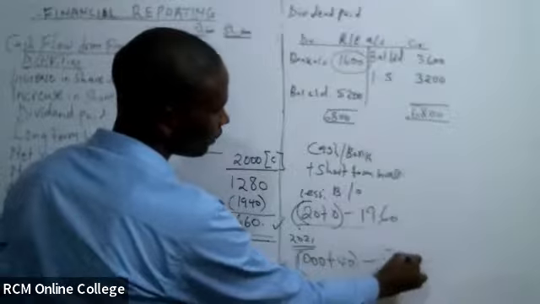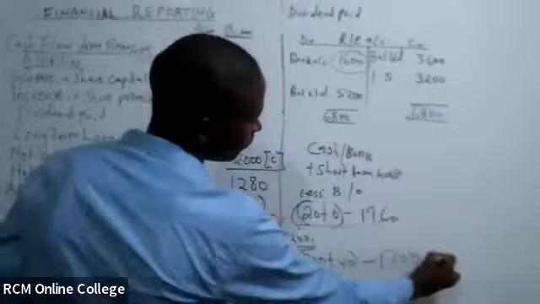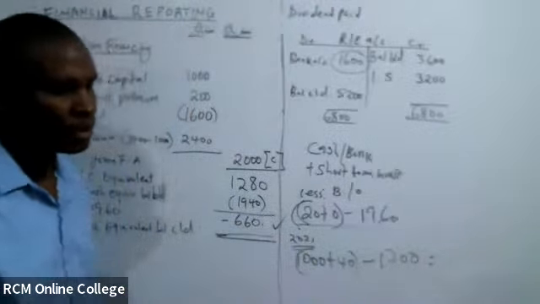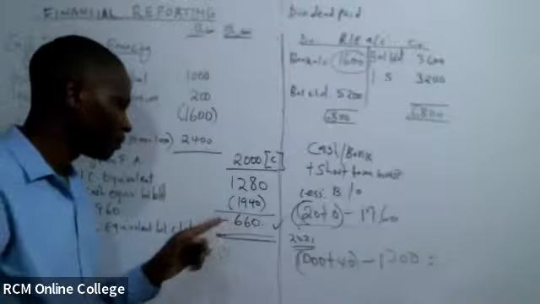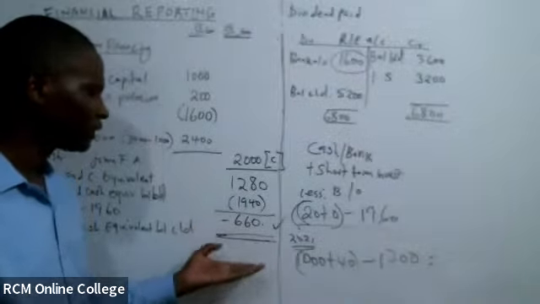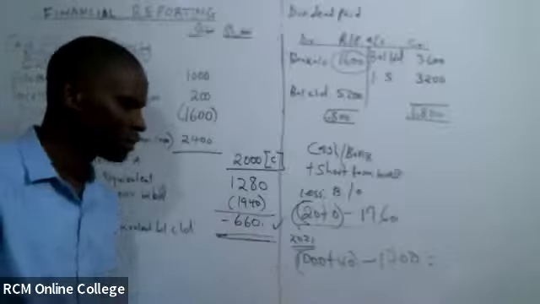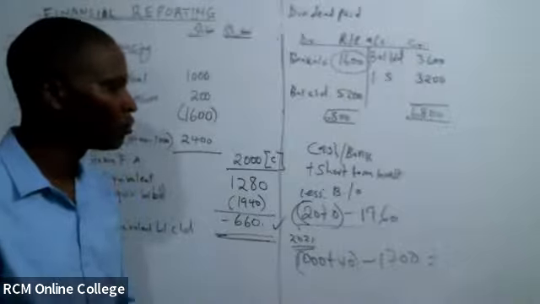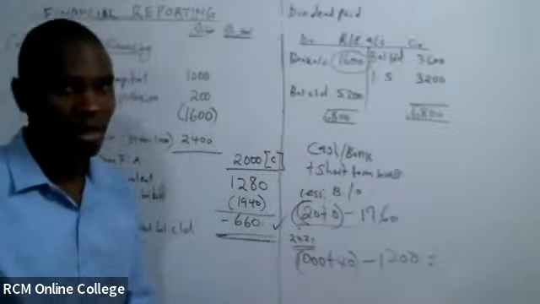So when you do that, what do you get? Yeah, it's a proof that these people's balances were in a negative of 660,000. So that's how you do that question.